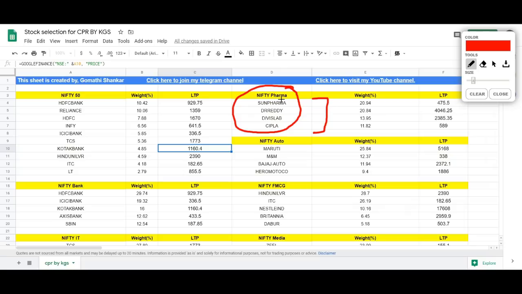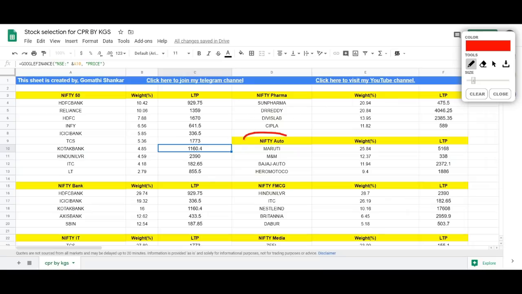If you are selecting some low liquidity stock, then the probability of winning is less. When you select these top weighted stocks, the liquidity will be good, you will get good profits, and the winning ratio will be good.